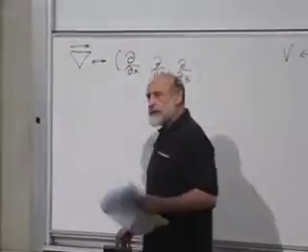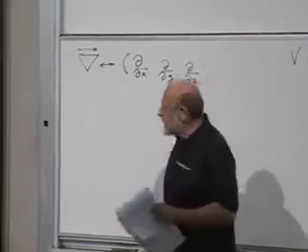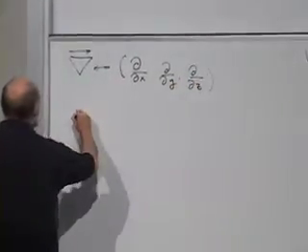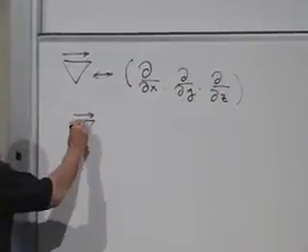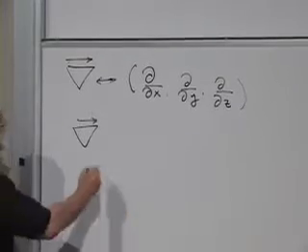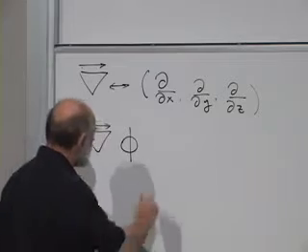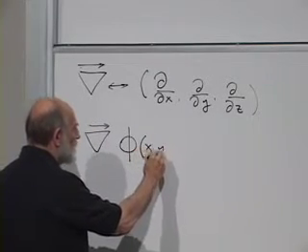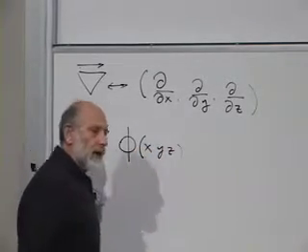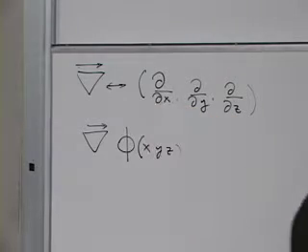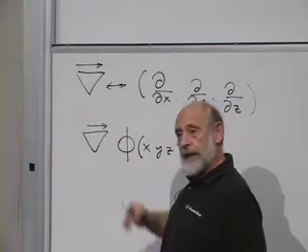So let's say, the first example. The operation del, if it acts on a scalar. Now, a scalar just means a function of position, a function of x, y, and z. I'll stop writing x, y, and z soon enough and just call it x. But take a function of x, y, and z and apply to it the operation del. What does it make?